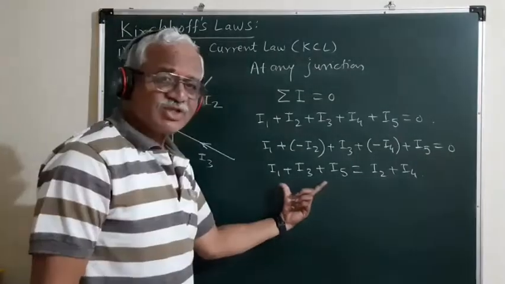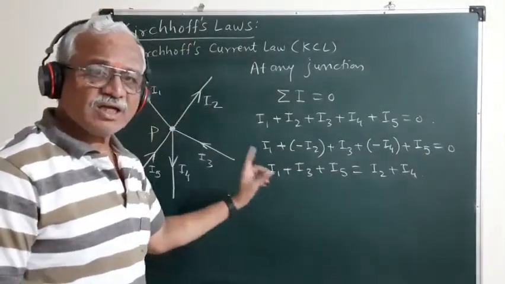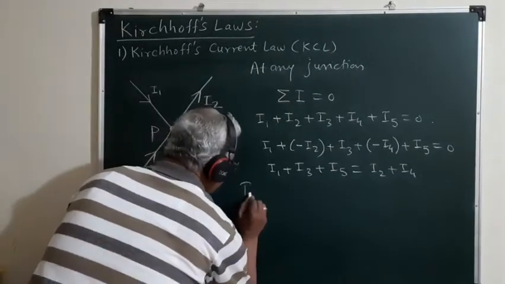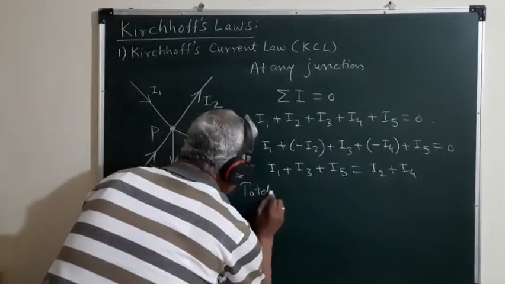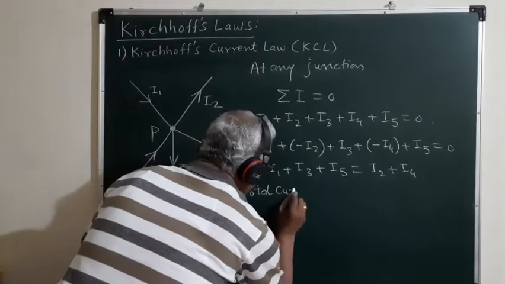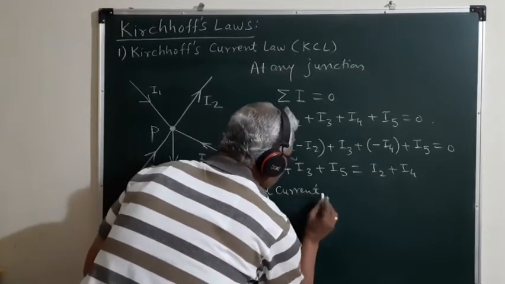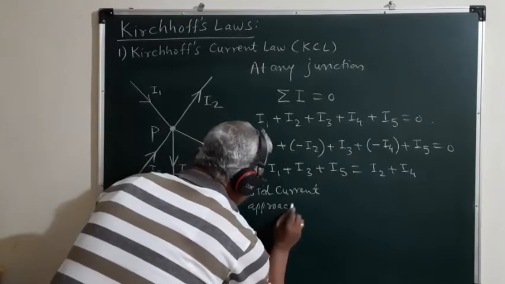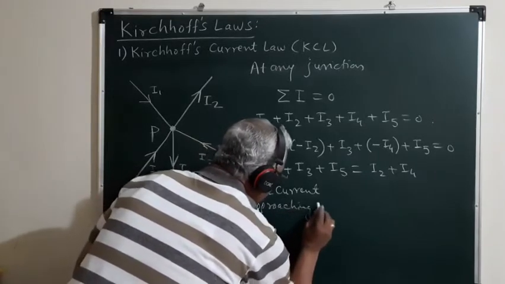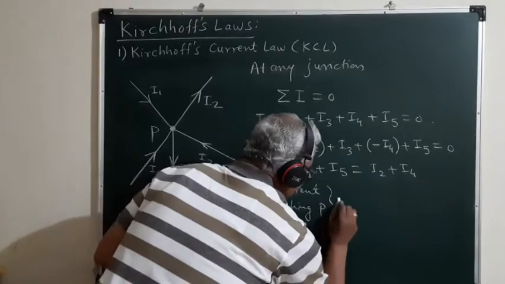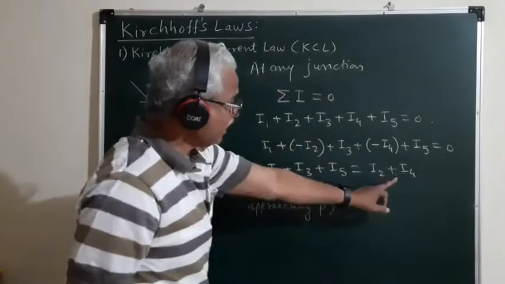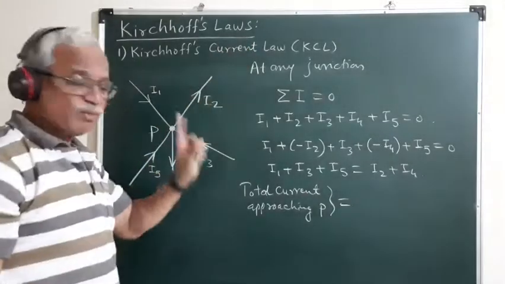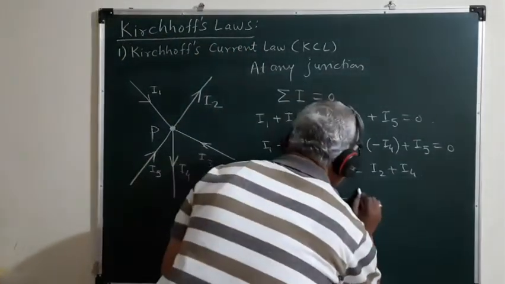The left hand side of this relation is the total current approaching the junction P. And the right hand side of this relation represents the total current leaving from the junction P.